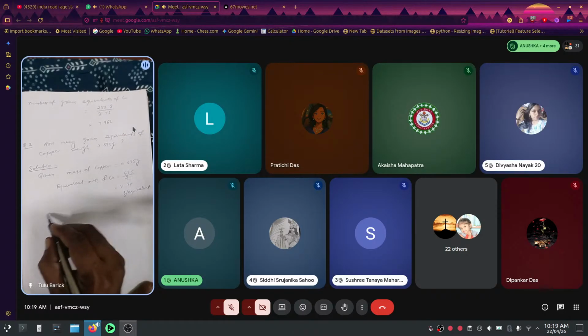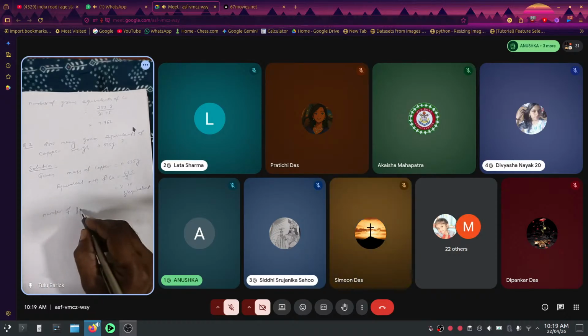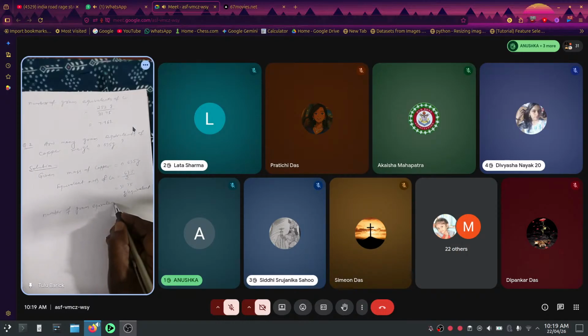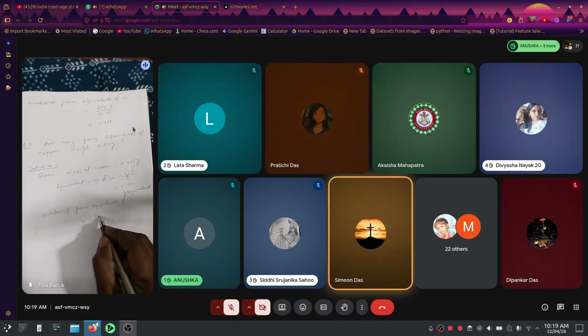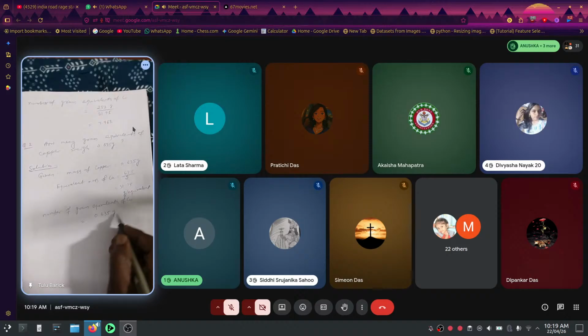So now number of gram equivalents of copper is equal to given mass. What is the given mass in this question? 0.635 gram.